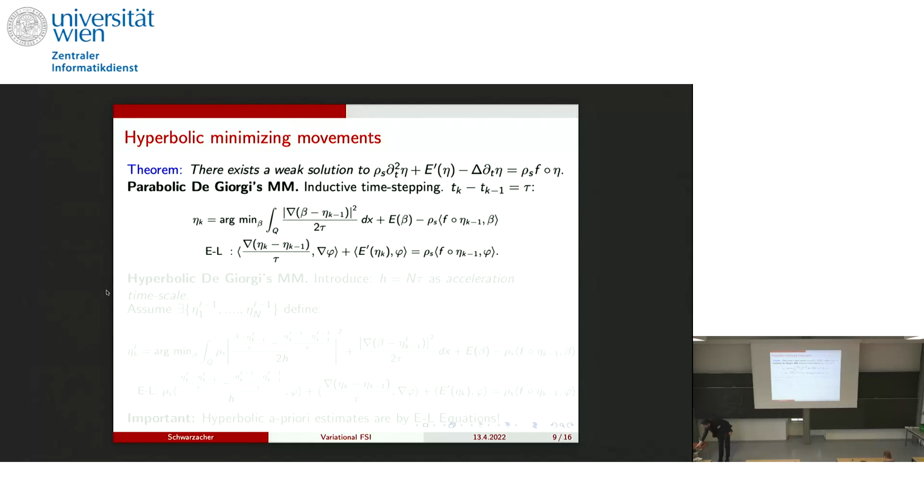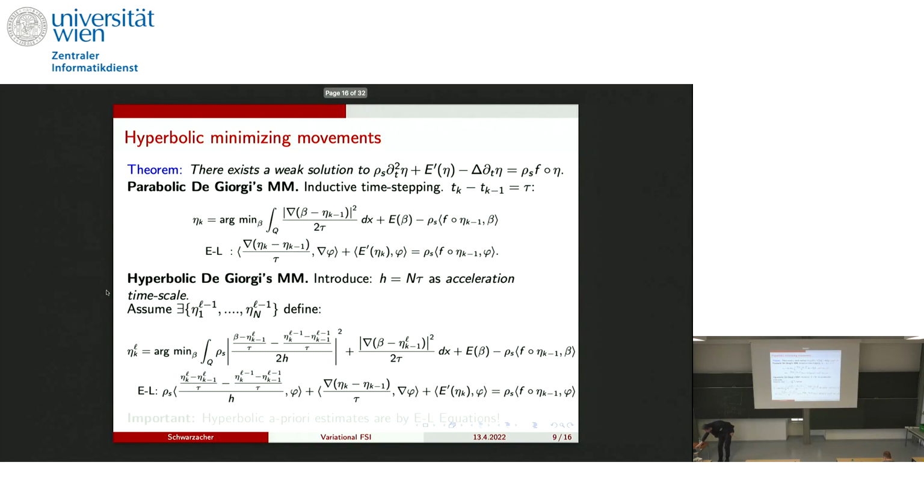Now, the hyperbolic one is very similar. You essentially parabolize your problem. So you say, this is my parabolic term, and now I take a very large h, which eventually will also go to 0. But here it is still huge, and I take a difference quotient from some very far time away, which eventually will get very close.